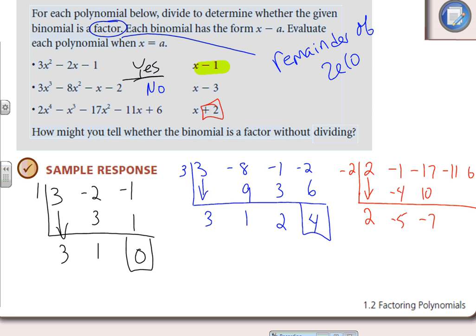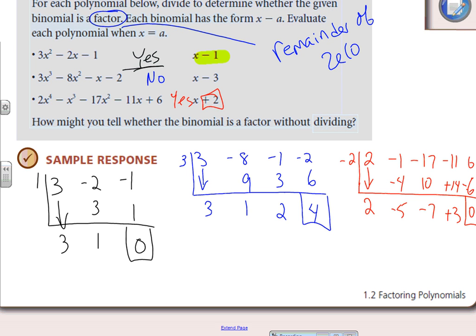Multiply, positive 14. Add, gives me positive 3. Just a minute, that should have been a positive 3, there we go. Multiply, gives me negative 6, there we are, and 0. So yes, x plus 2 is a factor of that big polynomial.